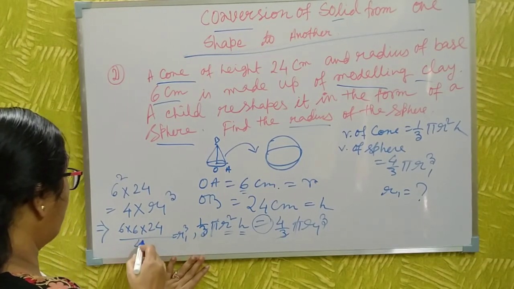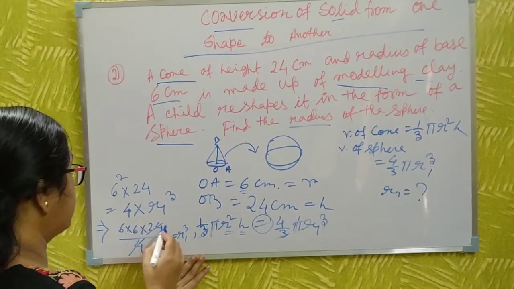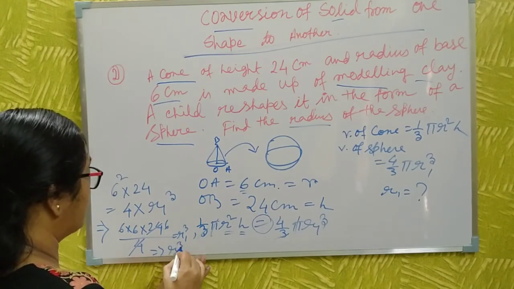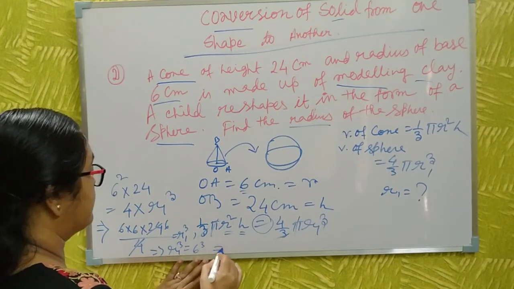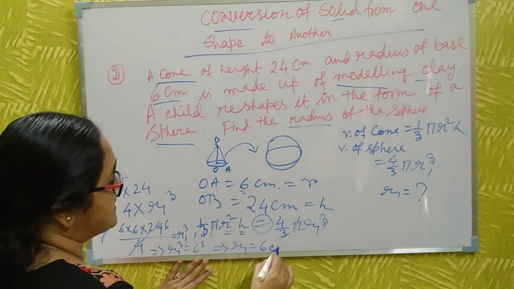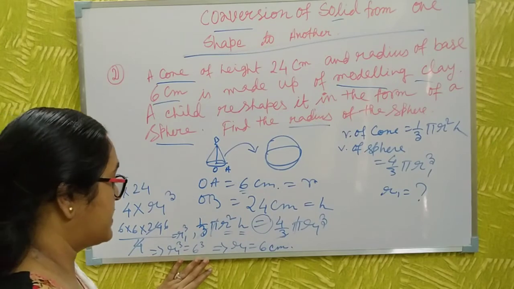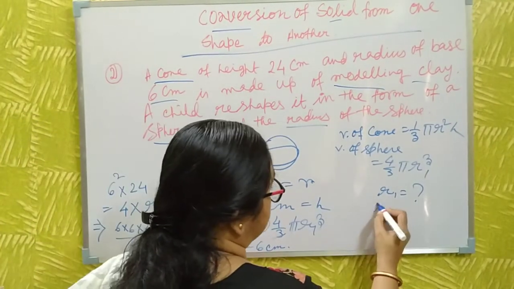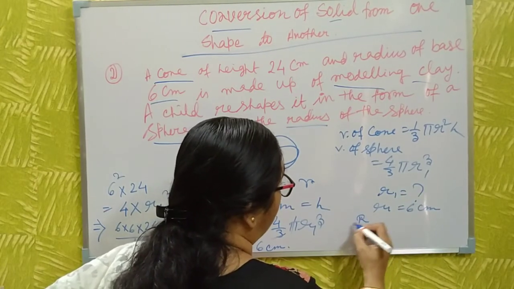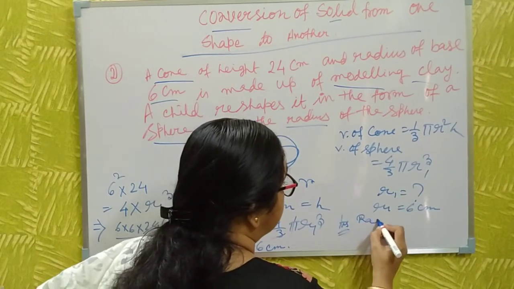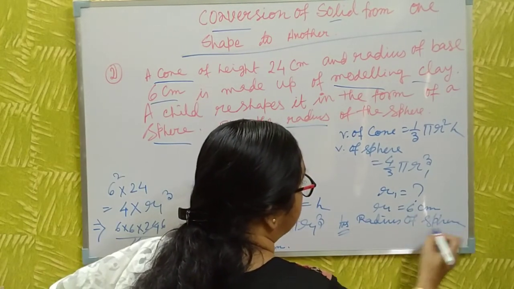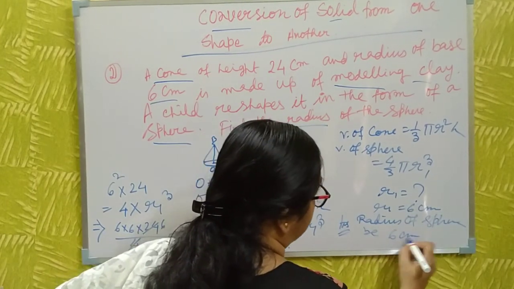Now 4 sixes are 24, that implies R1 cube is 6 cube, that implies R1 is 6 centimeter. All these things are in centimeter, that's why R1 is 6 centimeter. The radius of the sphere is 6 centimeter.